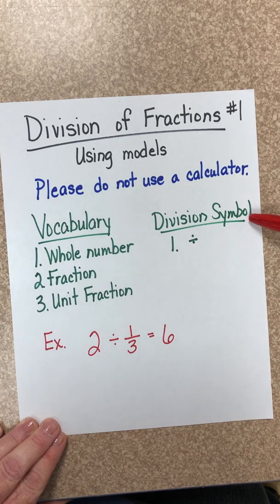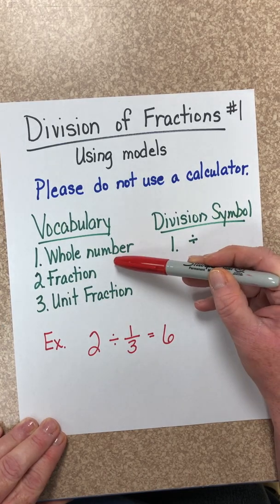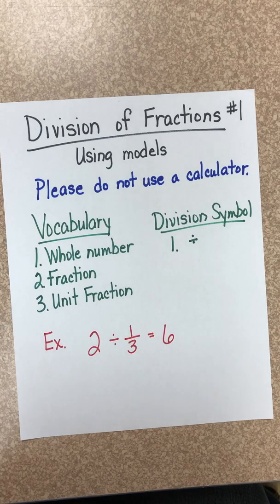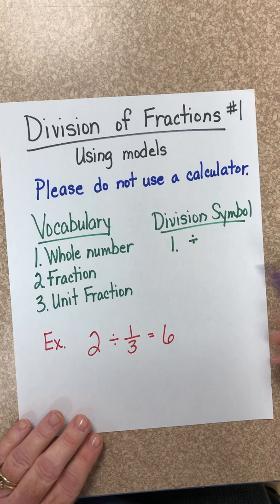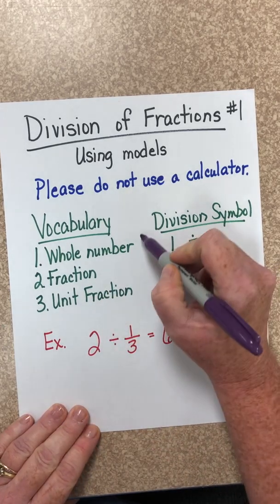The symbol for division that we'll be using in this lesson is the traditional division symbol. Now let's go back to our vocabulary and look at it specifically in an example. The example is 2 divided by 1/3 equals 6. The whole number is, in this case, the 2.